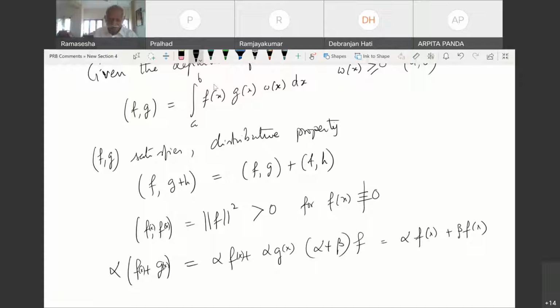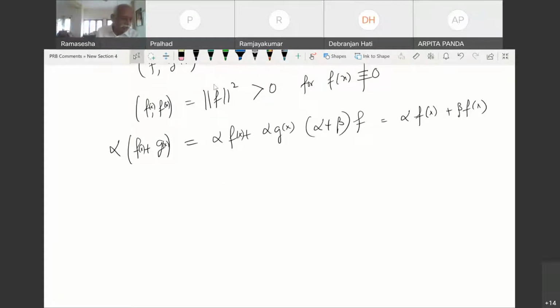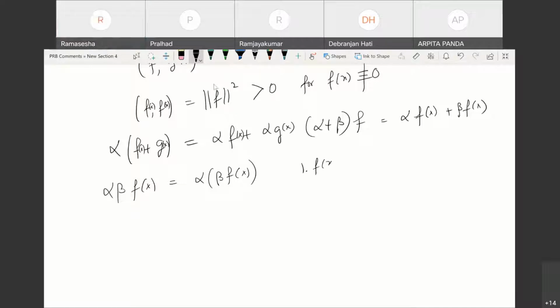Other kinds of properties like alpha beta times f(x) is equal to alpha times beta f(x), because these are all functions. Okay, and 1 times f(x) is equal to f(x). So 1 has the role of unity. Okay.